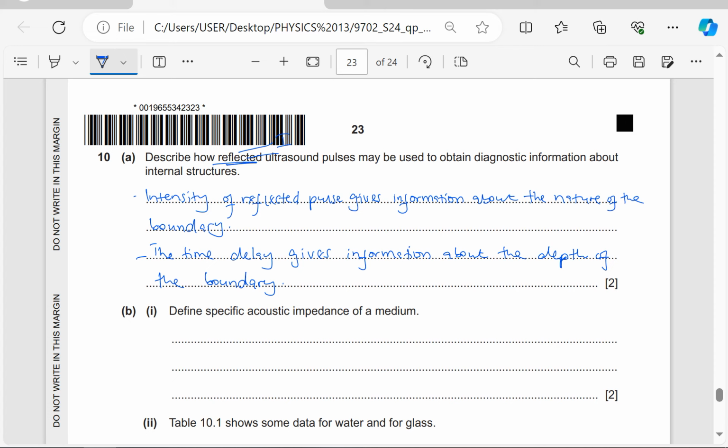Then define acoustic impedance. We know that Z is equal to rho times C, where rho is the density of the medium and C is the speed of the ultrasound in that medium.